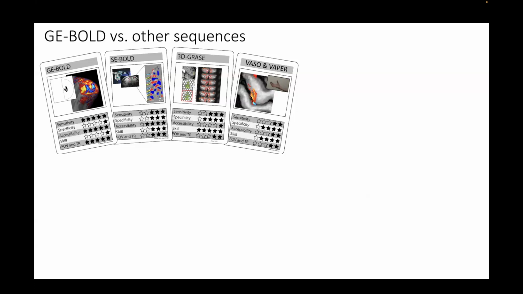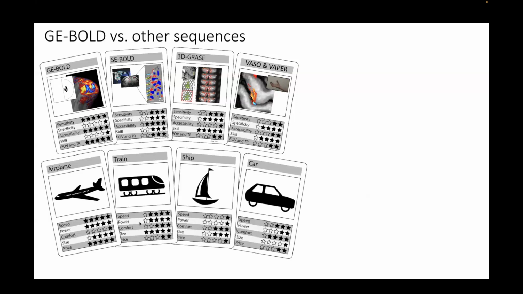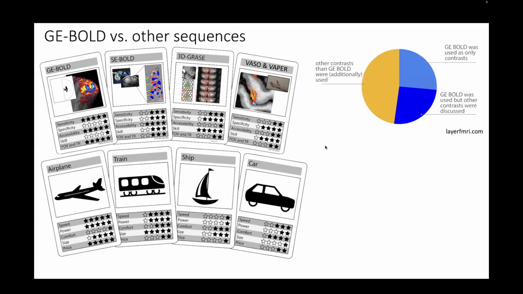It's kind of like this quartet card game, and I'm not sure how popular it is in the US, where you have different metrics, and some methods shine with some of them, and others shine with others. So asking which sequence is the best is like asking which vehicle is the best means of transport. It depends where you want to go. And very often, especially for long-distance travel, you use a combination of different methods, which I think has now evolved into the standard.